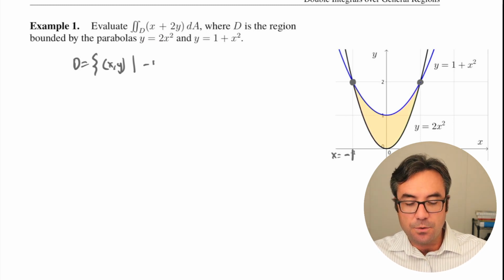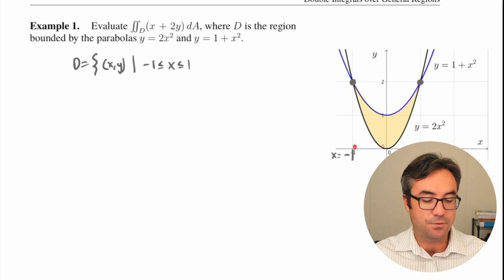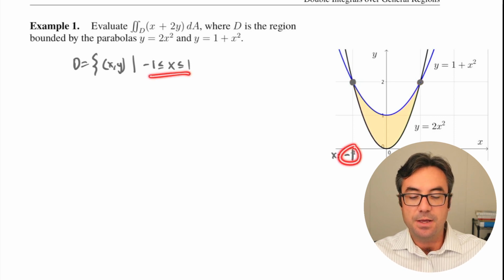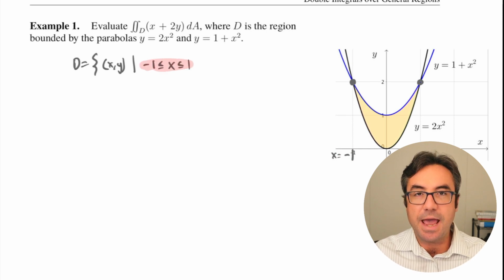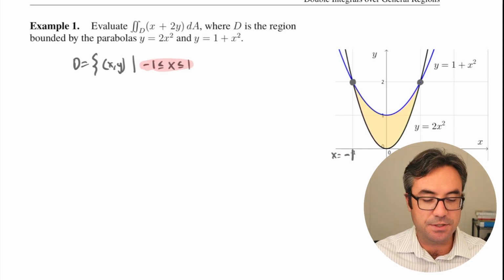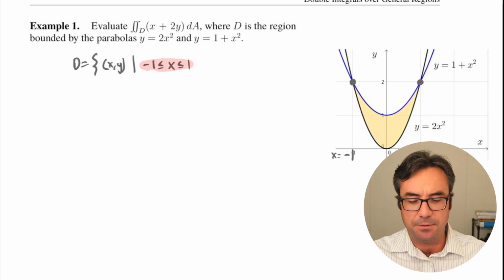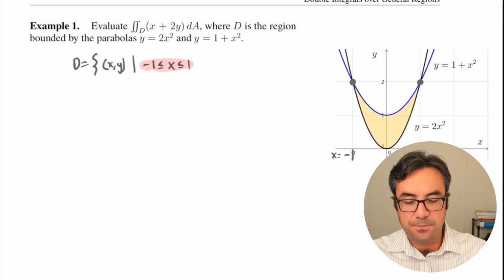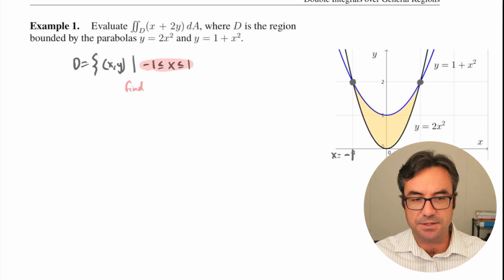So that's going to give us the x inequalities: this region extends from intersection point to intersection point, so from -1 to +1. So when you do this, you might actually have to figure out the intersection points. We did it just by looking at the graph, but we can do it algebraically as well, by just setting the two functions equal and solving for x.